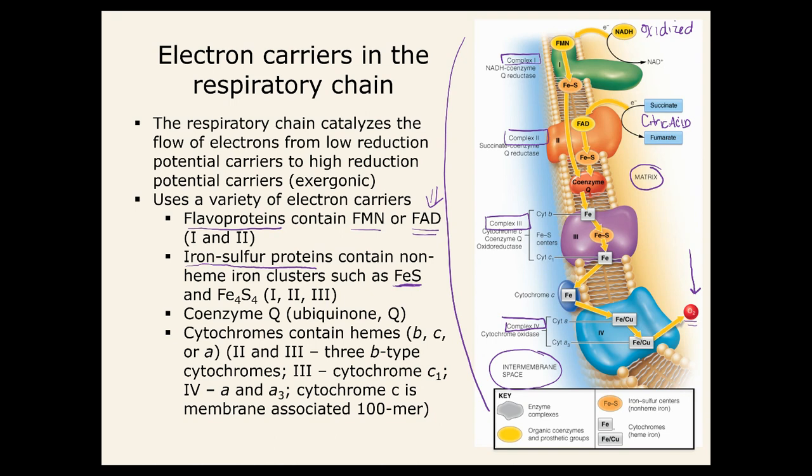It's also going to have a very unusual and famous molecule called coenzyme Q, also known as ubiquinone. And then it's going to have what are called cytochromes, which contain heme. So remember our friend heme from hemoglobin? There's different kinds of cytochromes, B, C, or A. And so those are kind of our key players. These different types of electron carriers are embedded within those complexes.